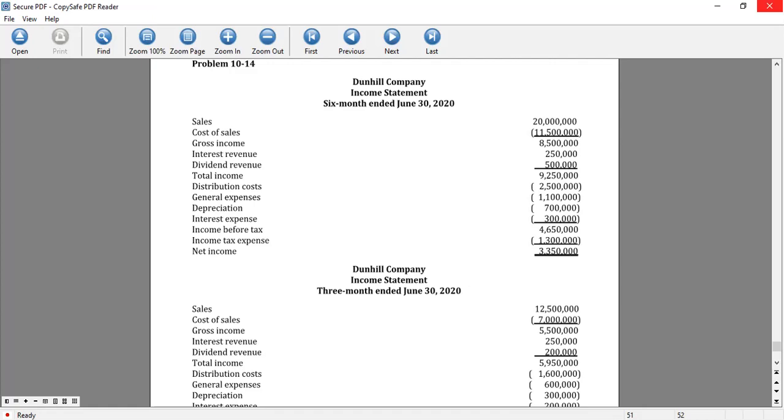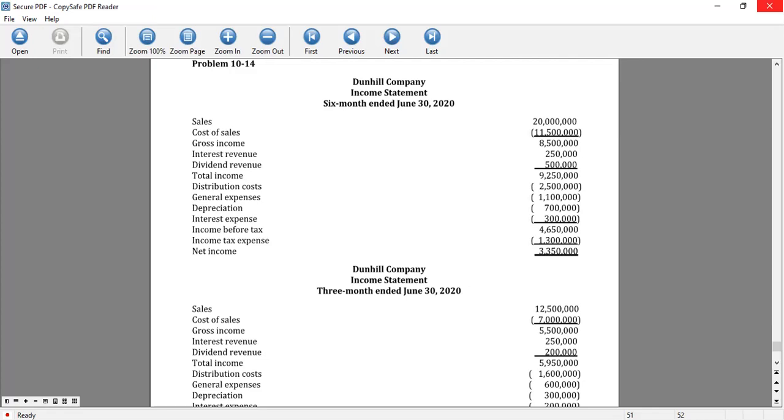2020, the accountant completed a worksheet in preparing the year-to-date income statement. The worksheet showed the following income statement accounts. We begin with sales, 20 million. By the way, the first income statement given was for the interim period ended March 31, or the first quarter.